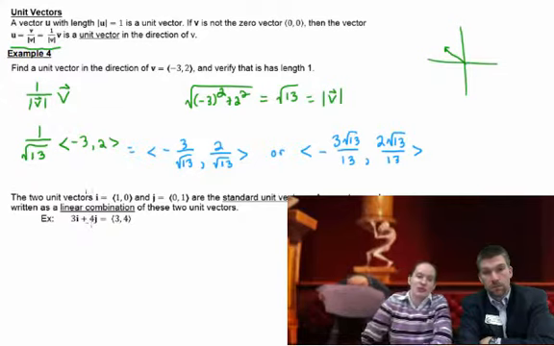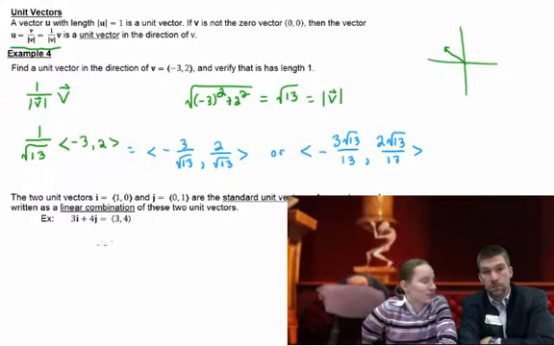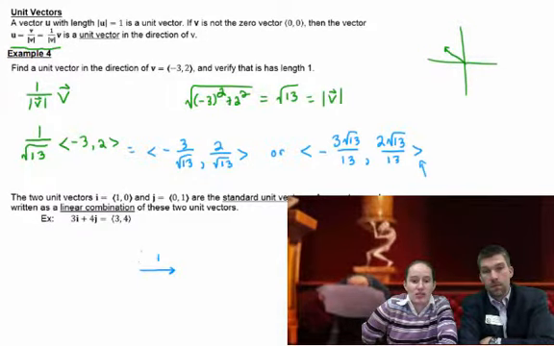One thing they do with these unit vectors is there's a different notation besides our component form with our arrow brackets. Basically, they talk about 2 unit vectors. i is a unit vector that's going straight to the right, and is 1 unit long. j is a unit vector going straight up, and it's 1 unit long.